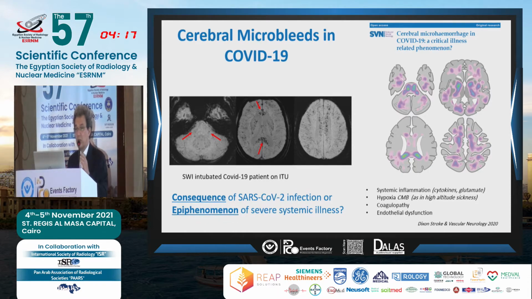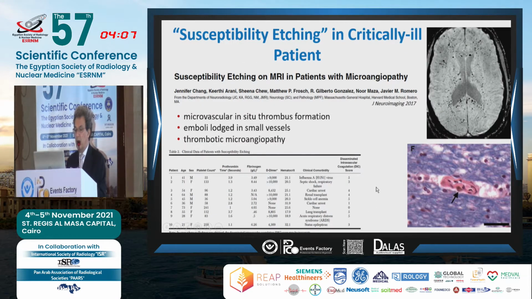So it didn't have this lobar demonstration, you had it lobar and central. But in terms of the question of severe systemic illness and the epiphenomenon, it is worth noting that it was found in other patients that there is what was described as susceptibility etching. So patients who were long on ITU seem to be more prone to get these manifestations of multiple microhemorrhages.